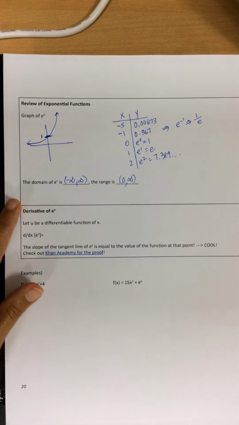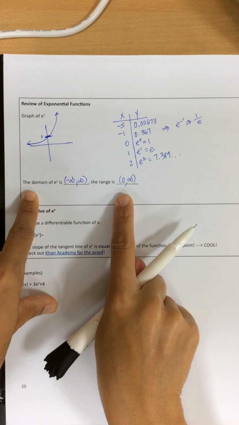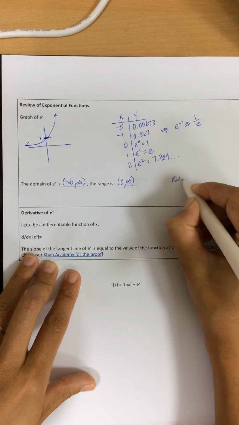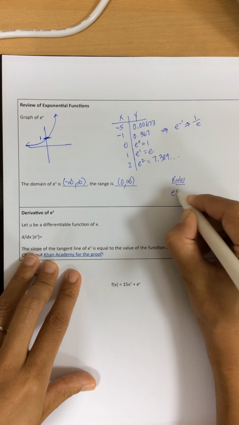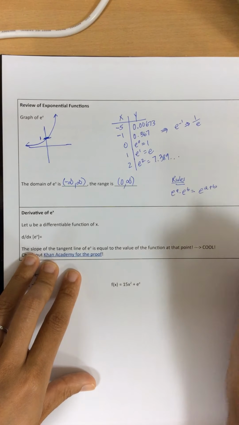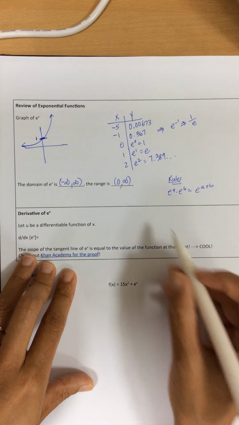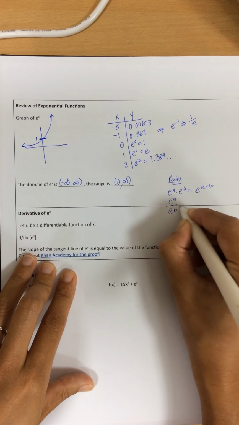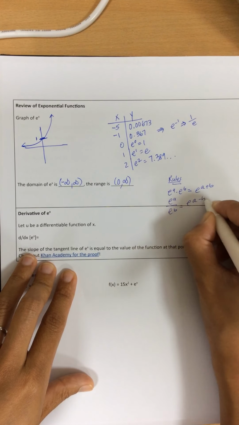Right? So you have to remember what this graph looks like. Okay? And I'm just going to also write these things here in case you forgot these. Like your exponent rules, when you multiply, they have the same base, you can add the exponents. Remember this in case you forgot this stuff, because you might need it in your work today.